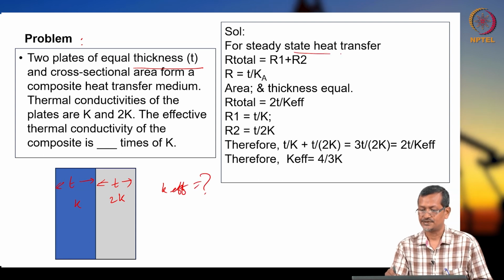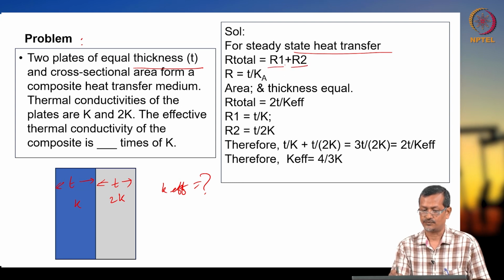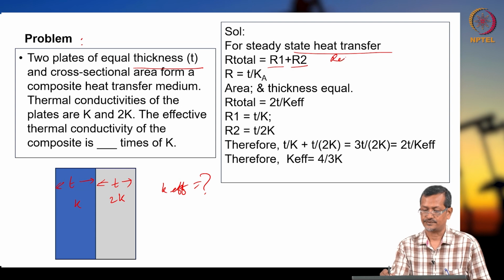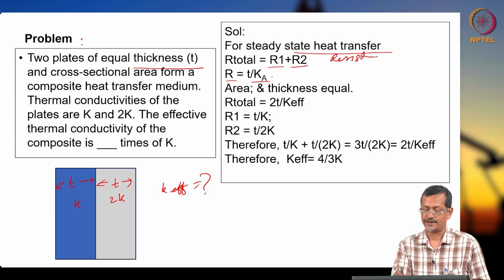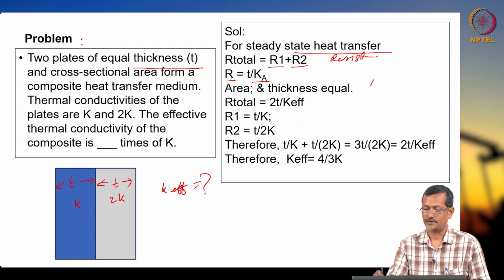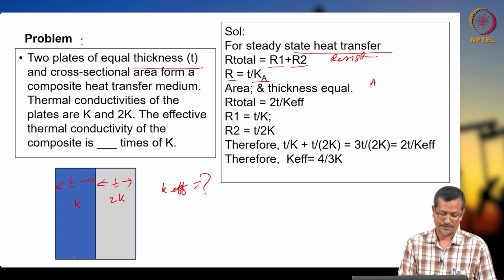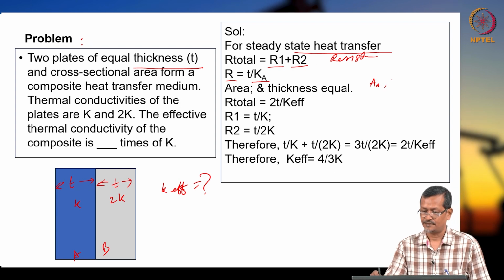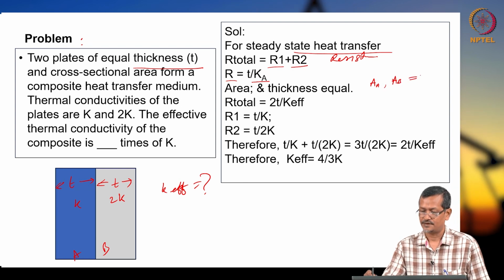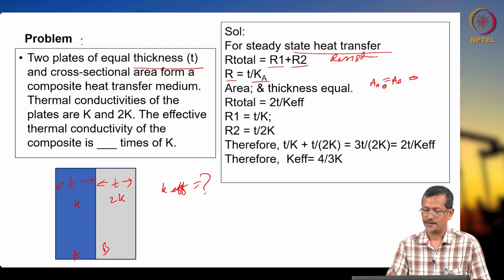So, for steady state heat transfer, total resistance is R1 plus R2, and resistance R equals T by K. So, area and thickness are equal, let us say this is A, this is B, area A and area B equal, and thickness also equally given.